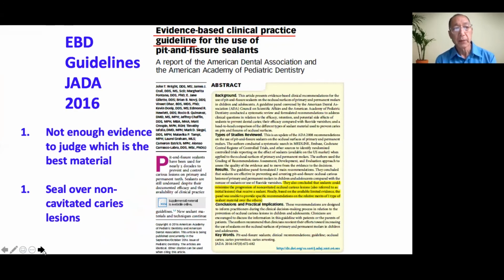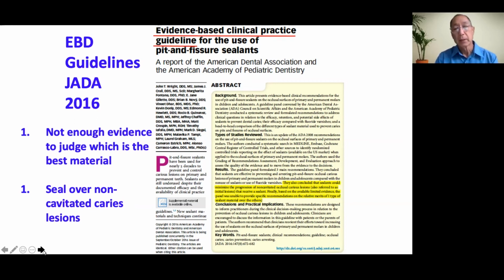One, there's not enough evidence to judge which material is best. In other words, they're basically equivalent. You're free to use resin or glass ionomer. Number two, you can seal over non-cavitated lesions. What? That's the first time they said you could seal over decay, as long as it's not fully cavitated.